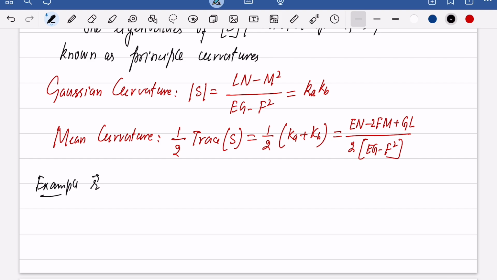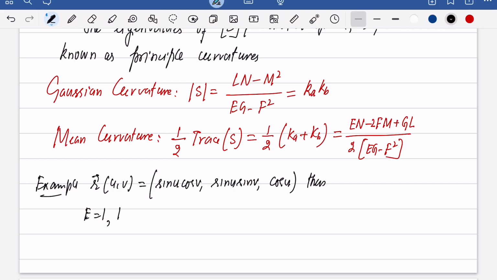So consider a surface R of uv is equal to sine u cos v, sine u sine v, and cos u. Then E is equal to 1, F is equal to 0, and G becomes sine square u, and similarly L is equal to minus 1, M is equal to 0, N is equal to minus sine square u.